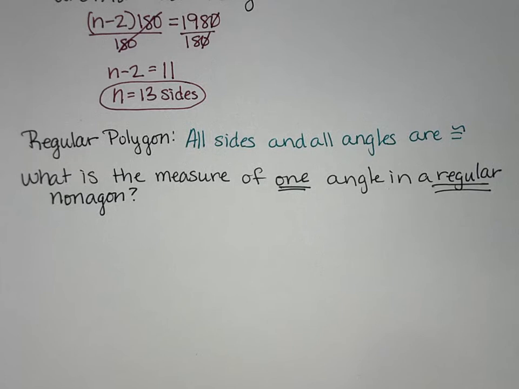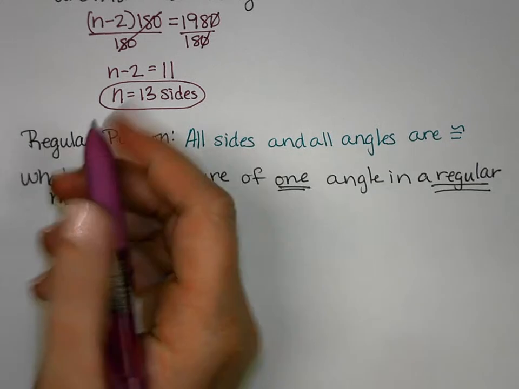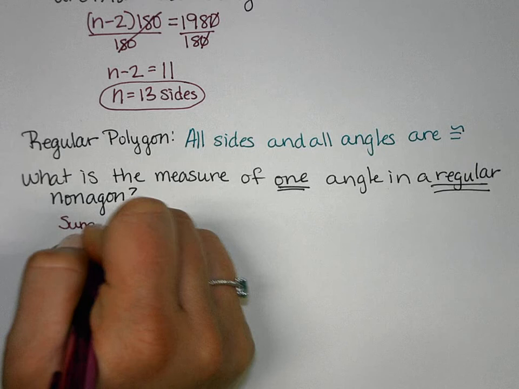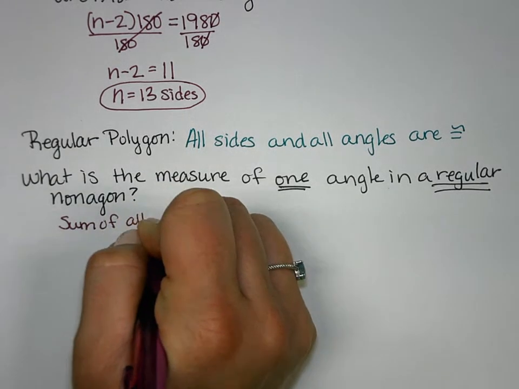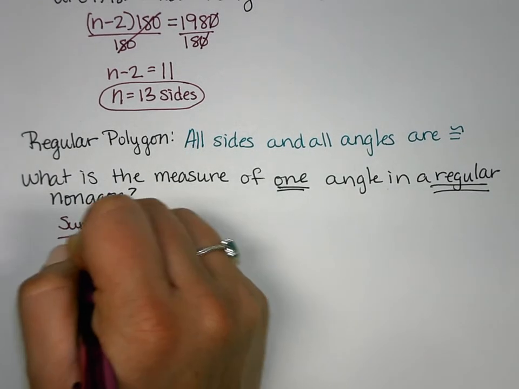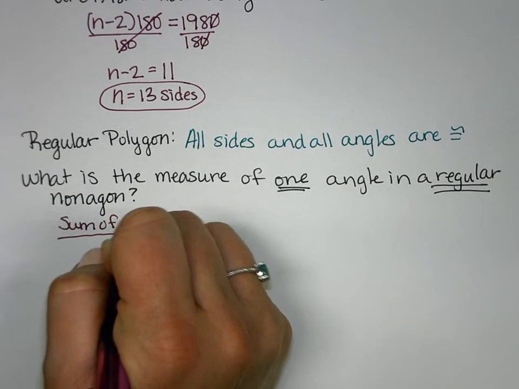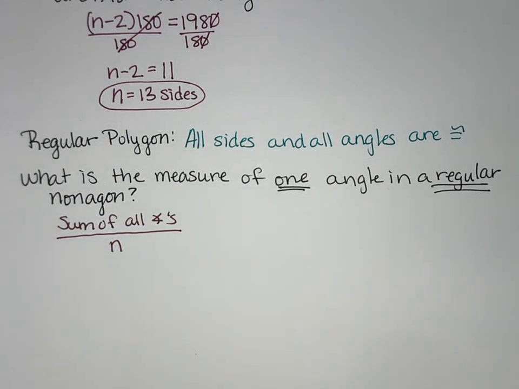So the key words for this one are one angle and regular. If we want to know one angle, we first have to know what all the angles equal. Okay, so we're going to start by finding out what is the sum of all the angles. And then we're going to divide it by the number of sides, and that will give us 1. And the reason this works with regular polygons is because we know all of the angles are the same. If it's not regular, this will not work. This only works when it's regular.